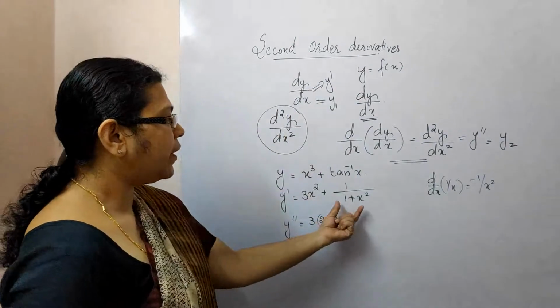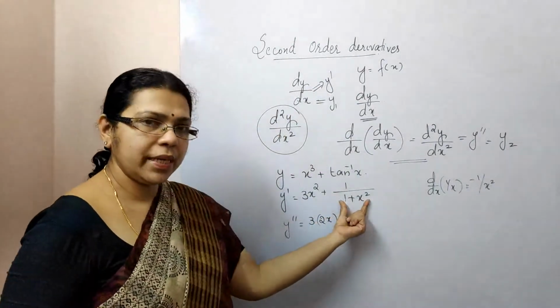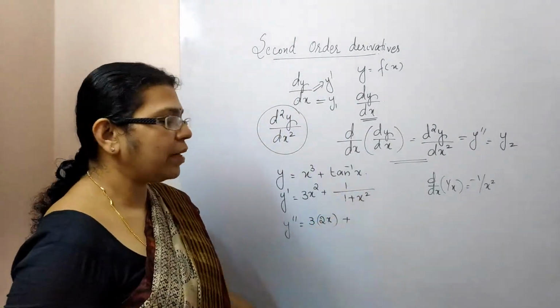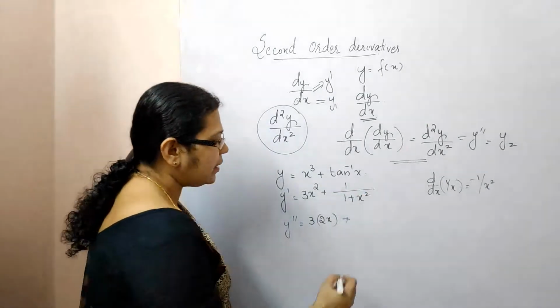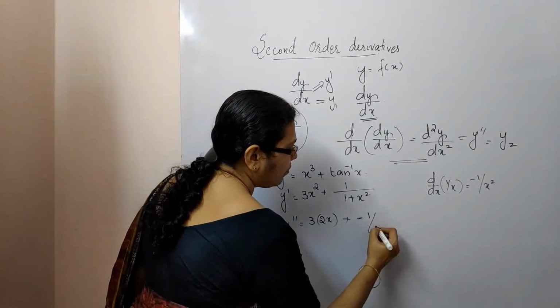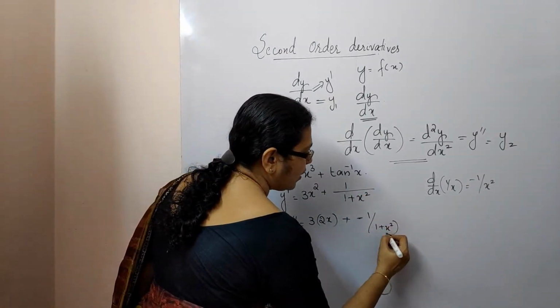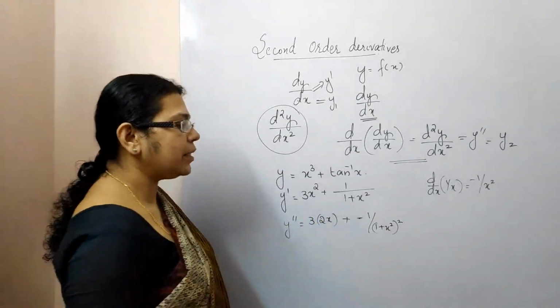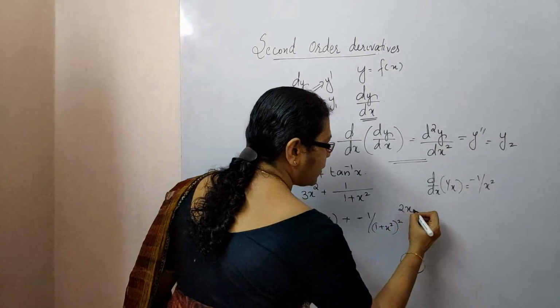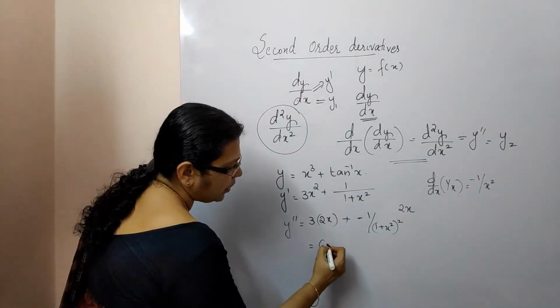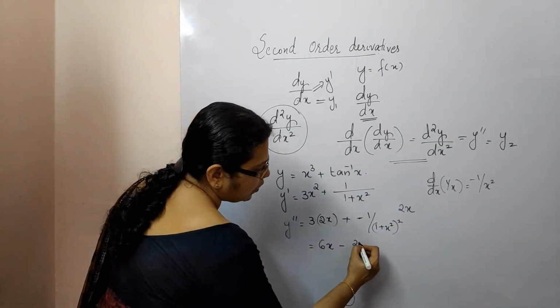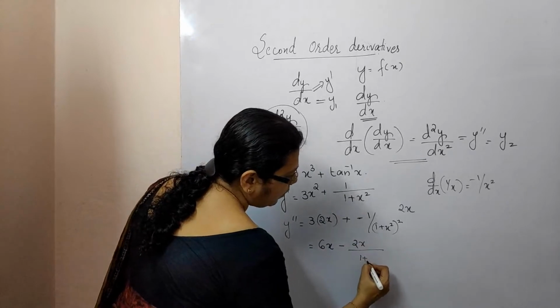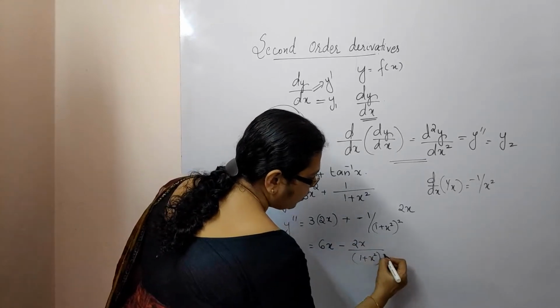So here if I consider the entire denominator as x, what is the derivative of 1 by 1 plus x square? That is minus 1 by 1 plus x square the whole square, into the derivative of 1 plus x square, which is 2x. Okay, so that gives me 6x minus 2x by 1 plus x square the whole square.